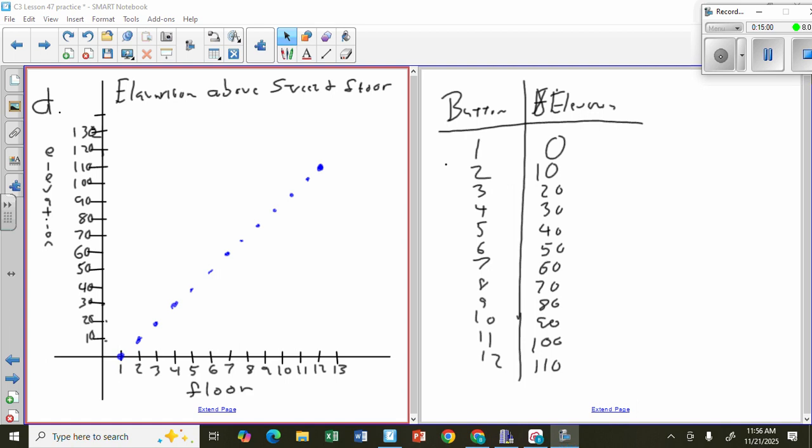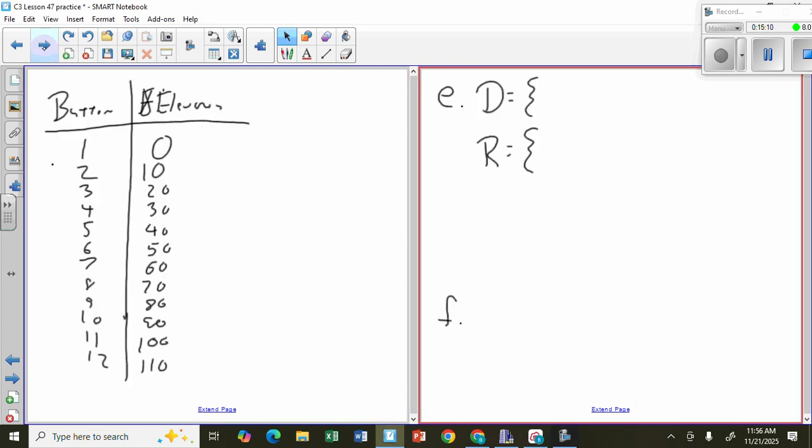But the next question, question E, asks what is the domain of the function? Remember, domain becomes all of our x values. So when I take a look at this, my domain is simply going to be the buttons I push.